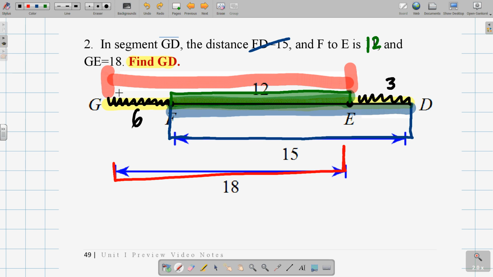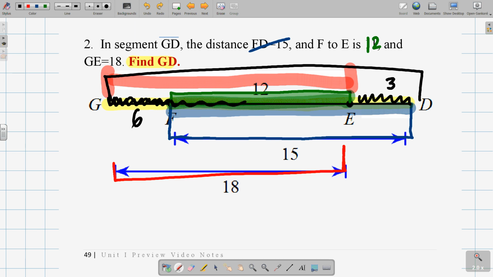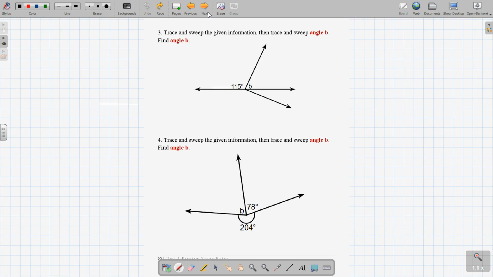And then I went G all the way to D. So I physically trace. That's going to be 6 plus 12 plus 3, which is 21. You are physically tracing every single one of these segments.